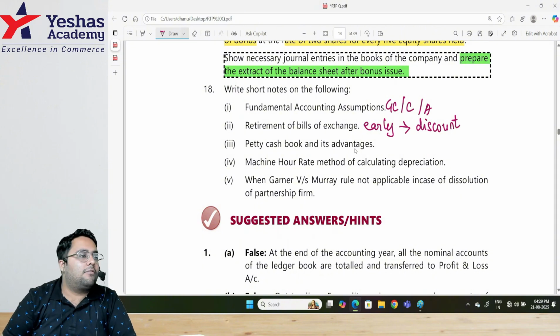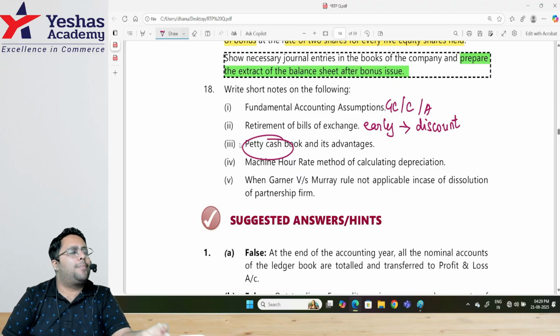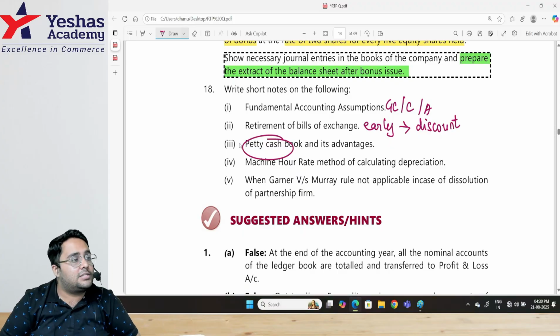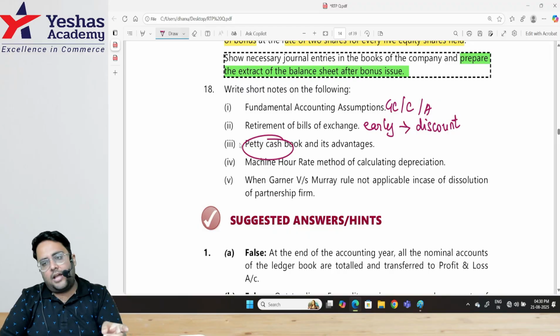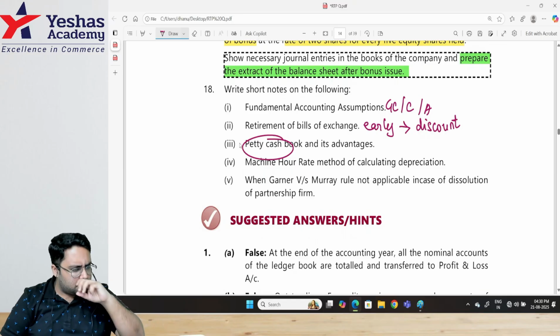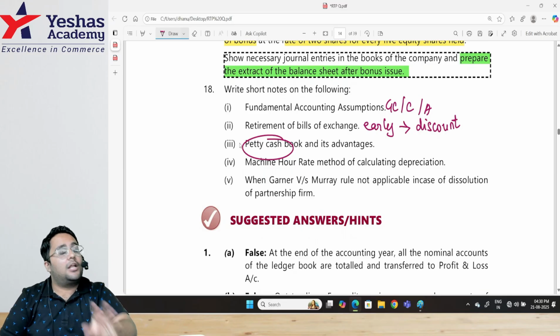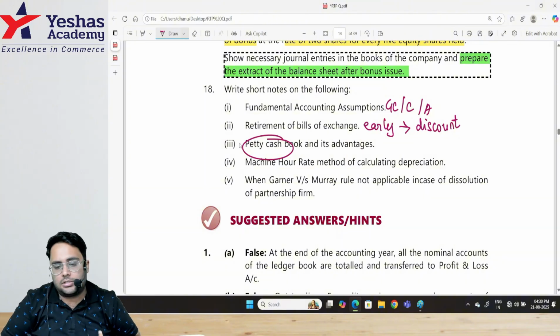Petty cash book and advantages. Petty cash book records all small petty transactions of cash. The word petty means small. Advantages: saves time of the main cashier, reduces the number of transactions in the main cash book, efficiency and better control over small transactions.